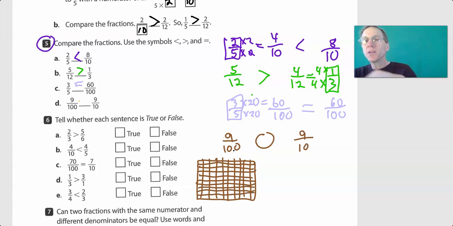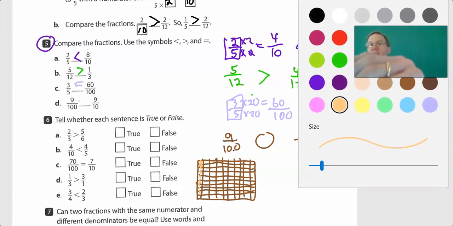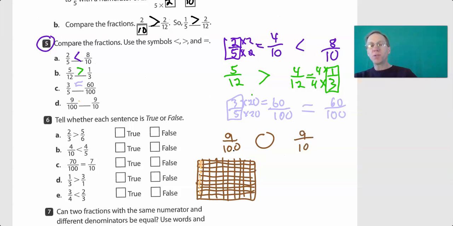Okay, that's 100, and then I'm going to fill in 9 of them. 1, 2, 3, 4, 5, 6, 7, 8, 9. If someone offers you 9 hundredths of a pizza, they are tiny slices, and it's pretty easy to beat that deal.